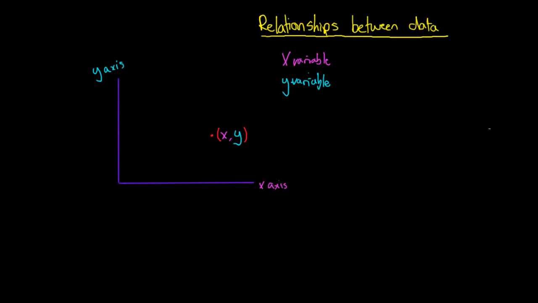Okay, so the concept I just want to introduce in this lesson is the difference between an independent and a dependent variable. So we know we have these two variables, x and y. And when we're graphing them, we're usually interested in seeing the effect on one variable of the other.